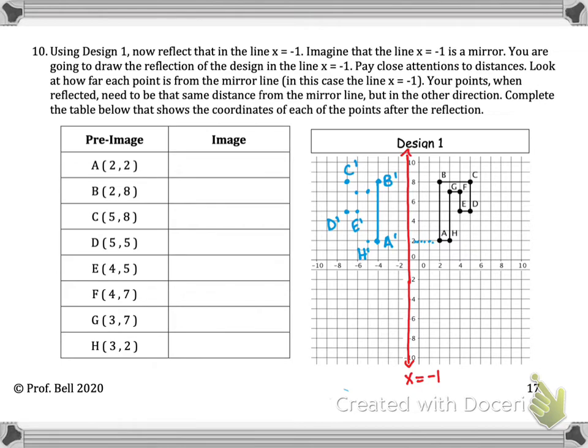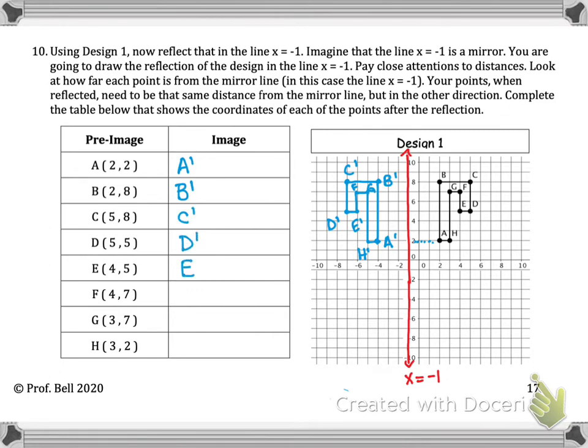Thought I lost point H, but it was right there. So here's my picture now. And this goes E, and then inside, these are really hard for me to always label, but this one's F, and this one's G. So we're going to label our new ordered pairs over here on the left-hand side.